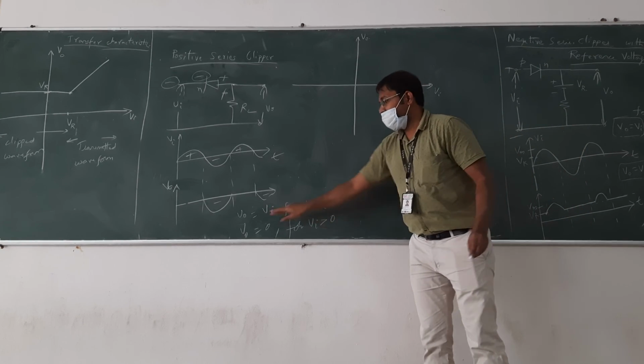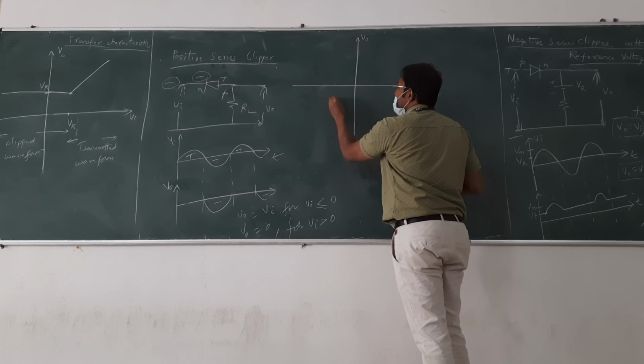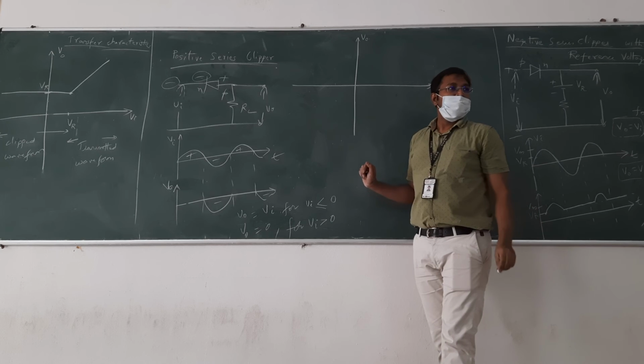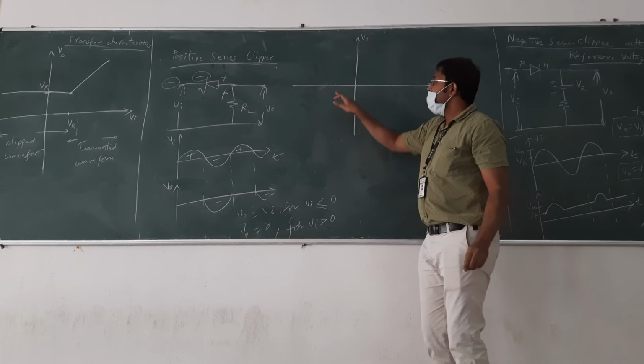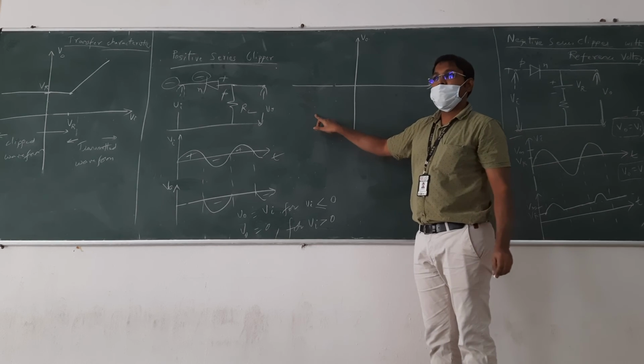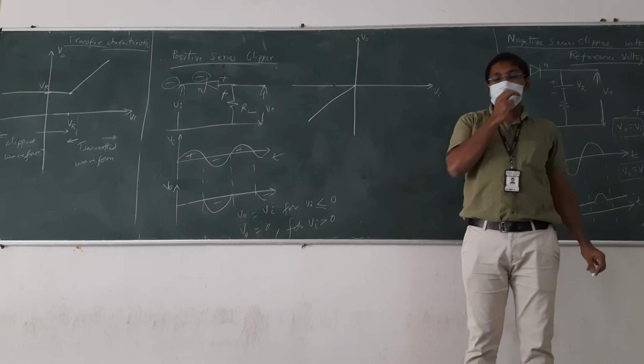So for negative, both are equal. 1, 1 here, 2, 2 here, negative. Minus 1, minus 1, minus 2, minus 2. So we will get a line like this, right?